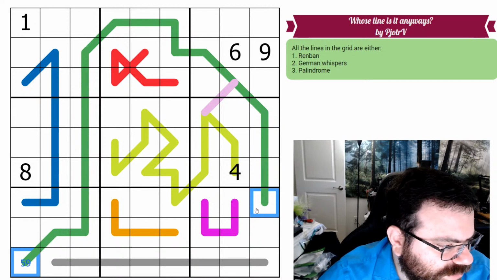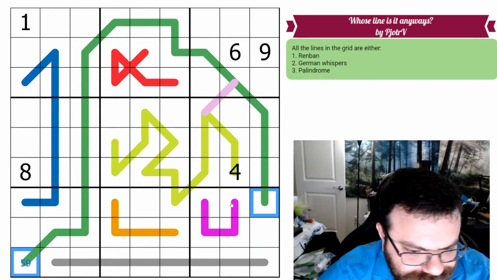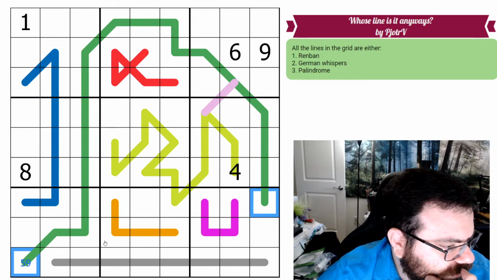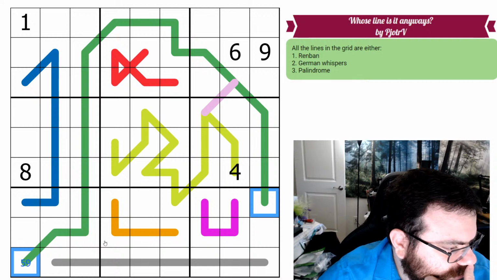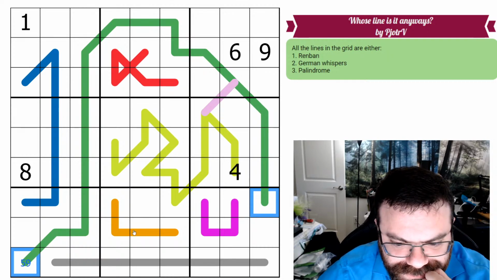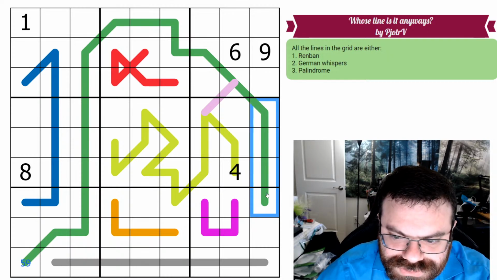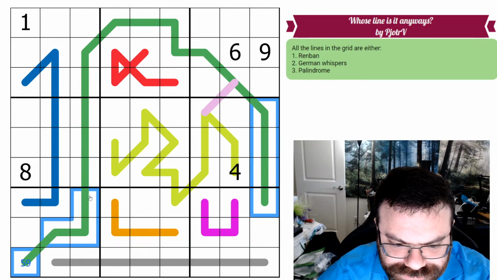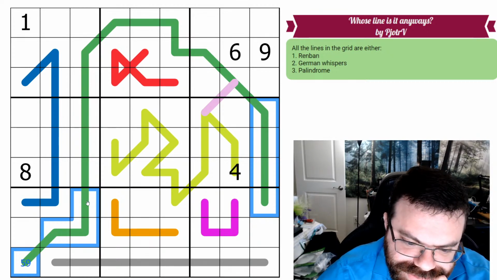Where can 9s go where? I'm not really sure what the problem is.